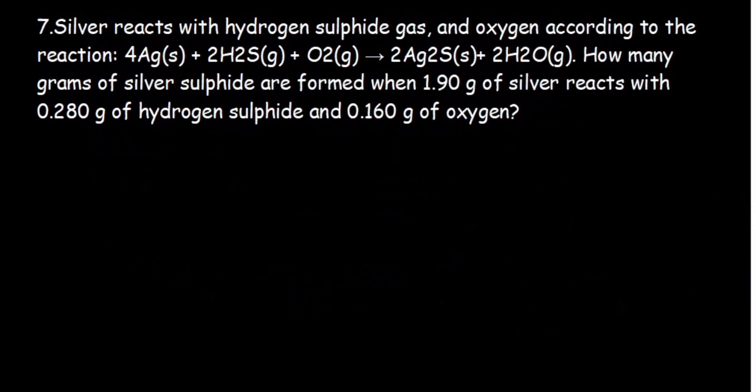Question 7. Silver reacts with hydrogen sulfide gas and oxygen according to the reaction. How many grams of silver sulfide are formed when 1.09 grams of silver reacts with 0.280 grams of hydrogen sulfide and that mass of oxygen? So I'll write the reaction.